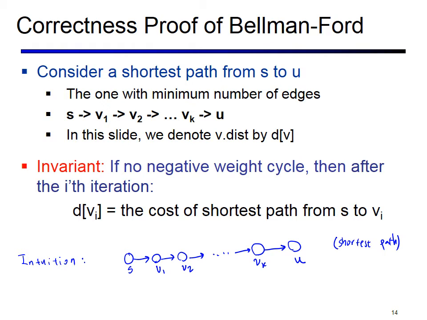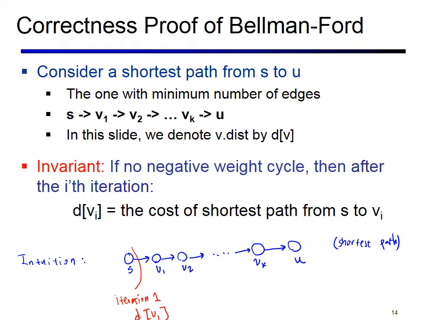Then after one round of relaxing all of the edges, in particular, we relax the edge from S to V1. Since we assume the path from S to U is the shortest path, all of its subpaths must be shortest paths as well, which means the edge from S to V1 is on the shortest path. So by relaxing this edge, d of V1 becomes equal to the shortest path weight.